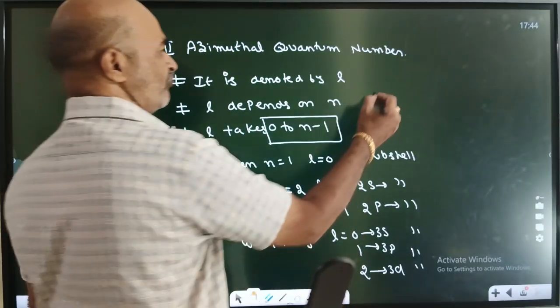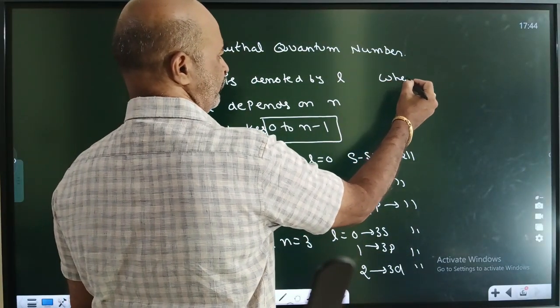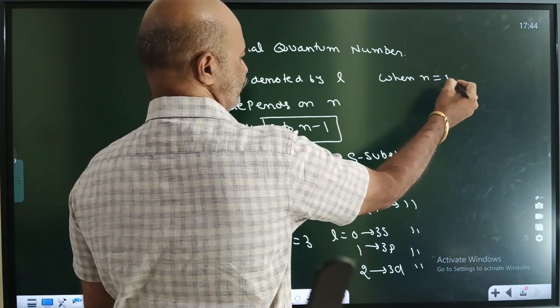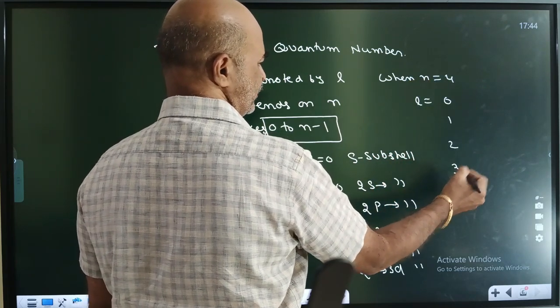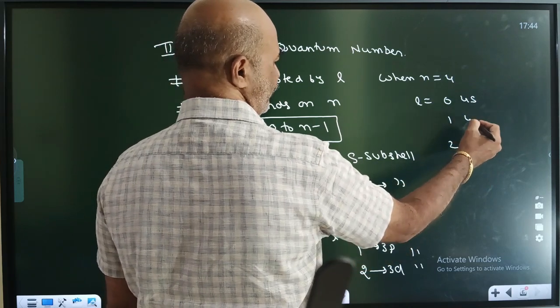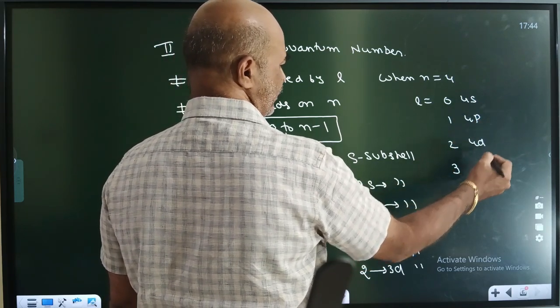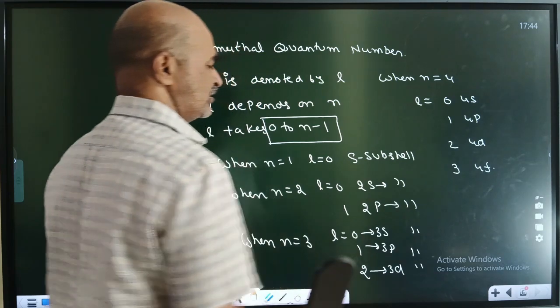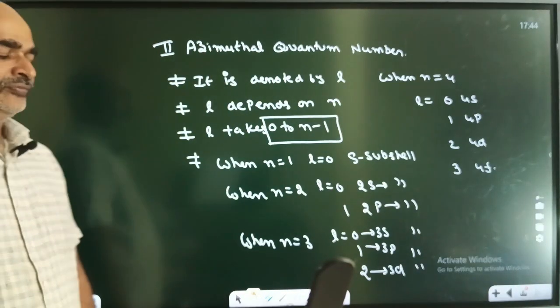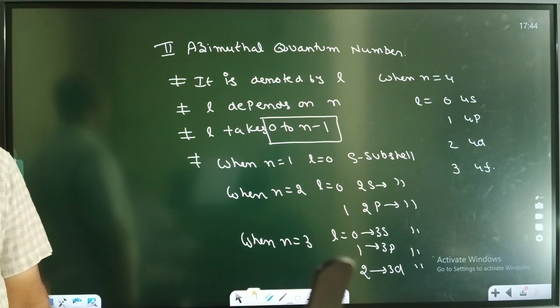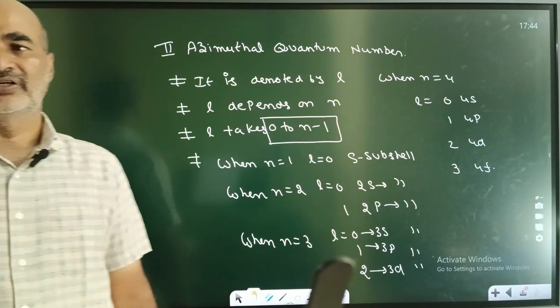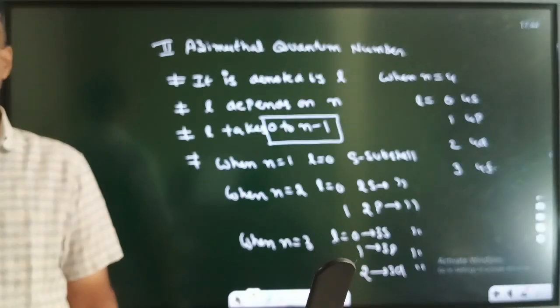When n is equal to 4, L is equal to 0, 1, 2, 3: 4s, 4p, 4d, 4f subshells. So the azimuthal quantum number determines the type of the subshell.